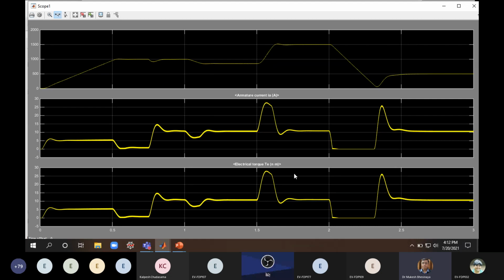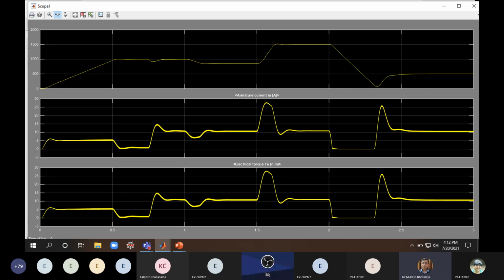At this instant, with a constant torque, I am changing the speed, right? I give a step change in the speed at t equal to 1 second, as well as at t equal to 1.5 second. Here I am reducing the acceleration, so the speed of the vehicle, the speed of the motor, will reduce. At this instant, again I am increasing the acceleration, so the speed of the motor or the vehicle will increase. It goes up to say 1500 RPM, and at this instant again I am reducing the speed, and simultaneously the load torque is also changed.